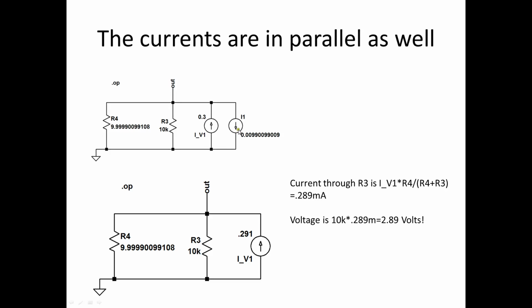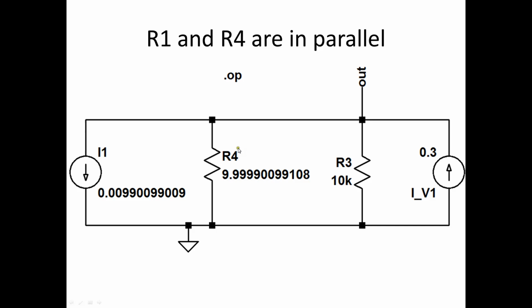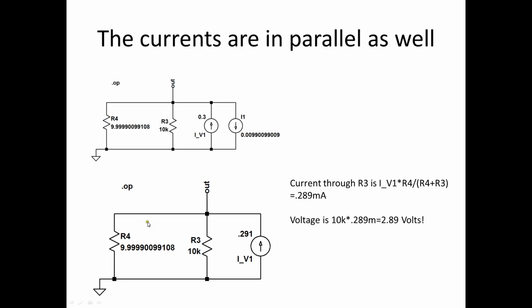And then we notice that these current sources, if I redraw it, one's over here, one's over there, but they each have one terminal connected to the same potential, so they're in parallel. So that current coming out of here is the sum. One's positive, one's negative, so I just have to subtract this from that. I get 0.29 amps.